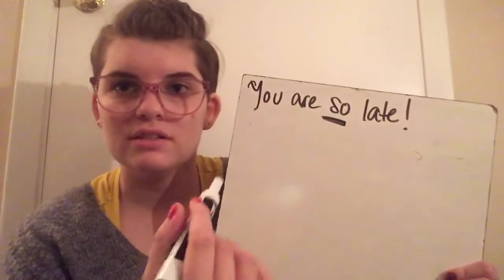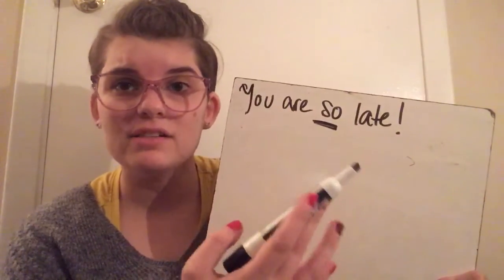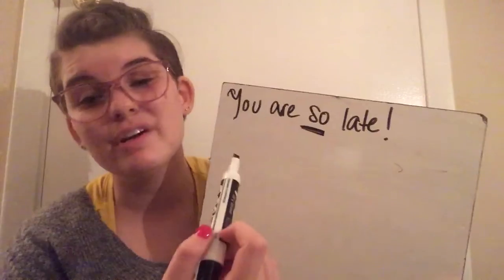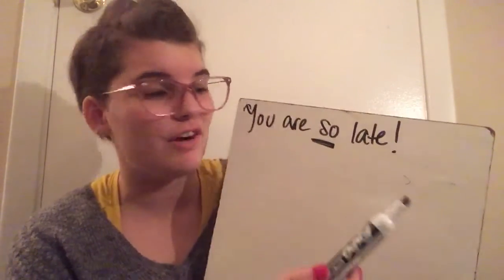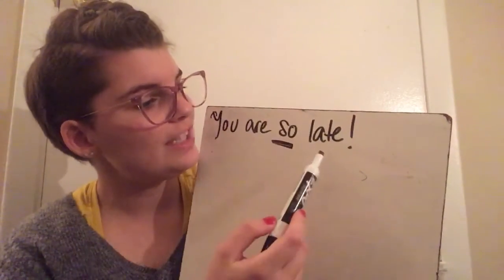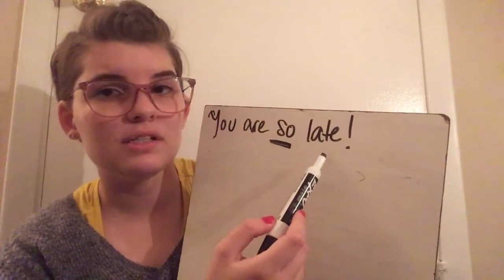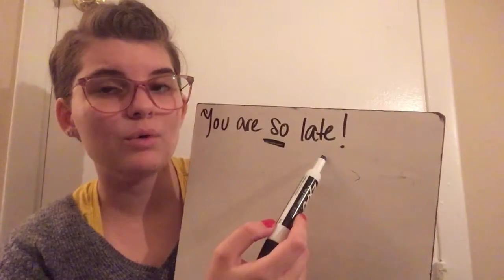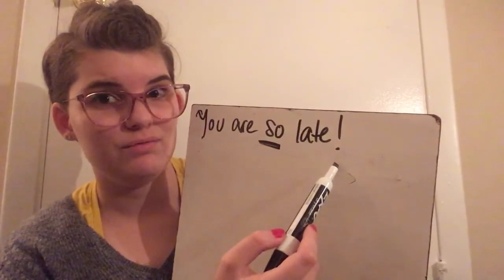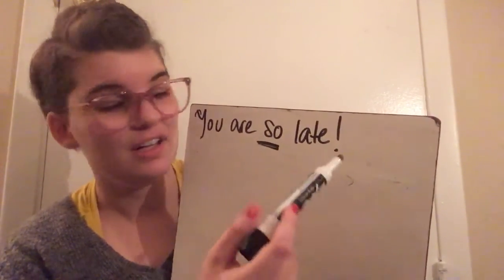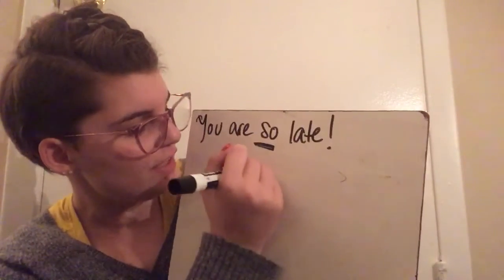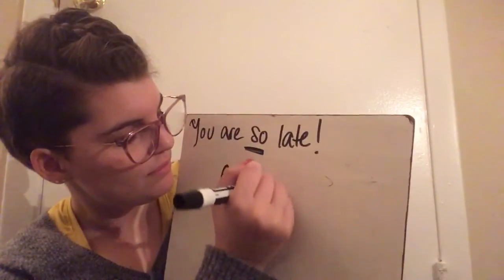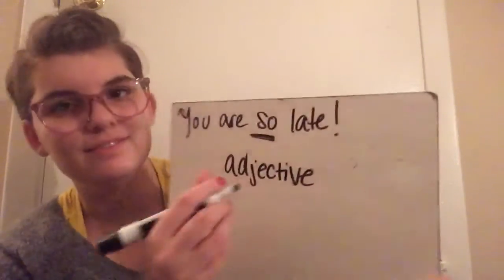So, is it just modifying something that's describing the subject, or is it something that's describing the verb? You are so late. Is late an adverb, or is it just an adjective? It's just really describing the person. So, we would write adjective here on the line, okay? So you're going to do the other 4 there.